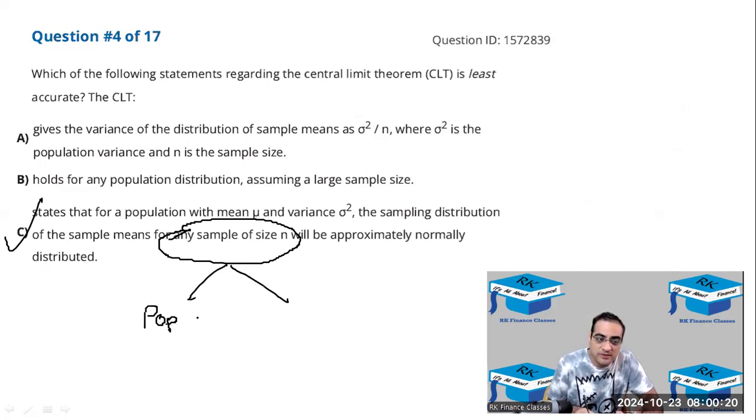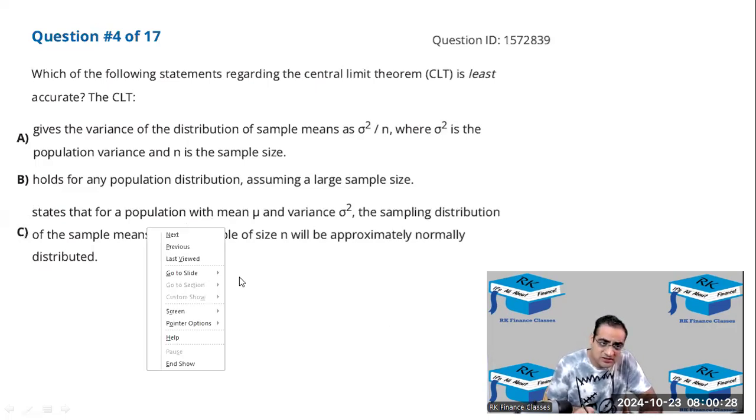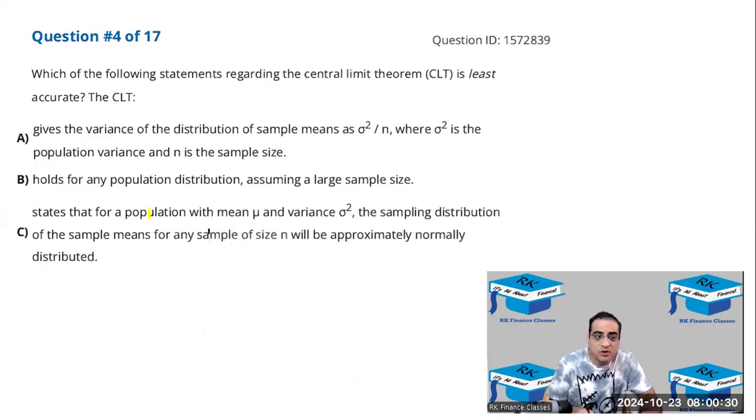Either the population should be normally distributed or the sample size should be 30 or more than 30. Everything else they mentioned right here. The population characteristics are average mu and variance sigma square. Sample size n should be 30 or more and the population should be normally distributed. Then only this will be true.